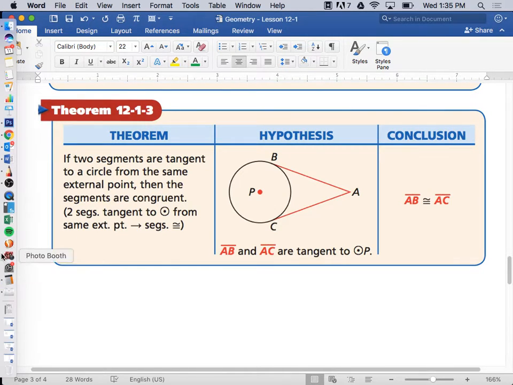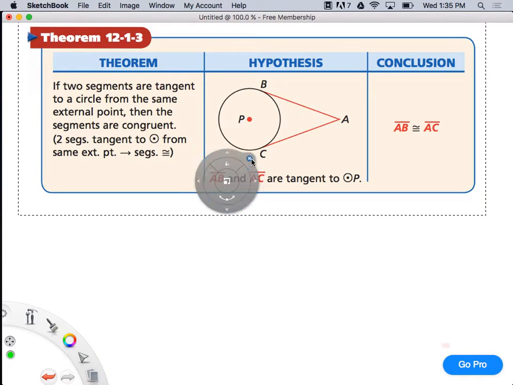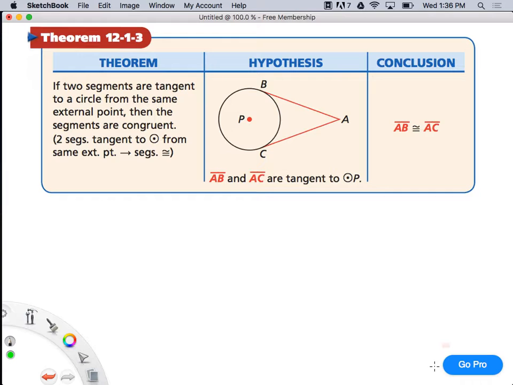Look at this, guys. If I have two lines that are tangent to the circle and they intersect at a point, you see this? These two lines are tangent at this point of tangency and this point of tangency. Does that make sense?